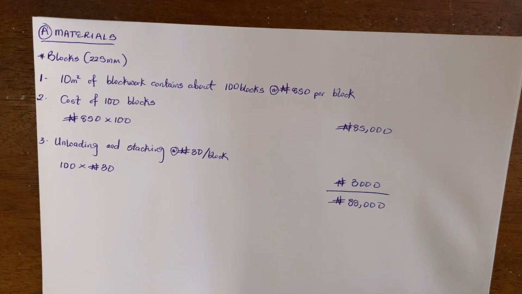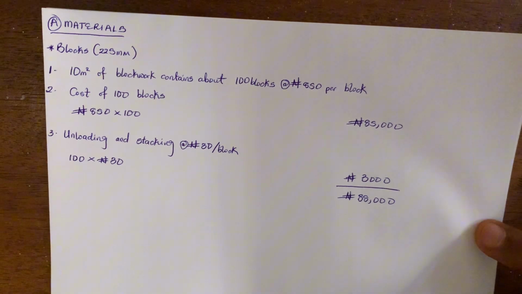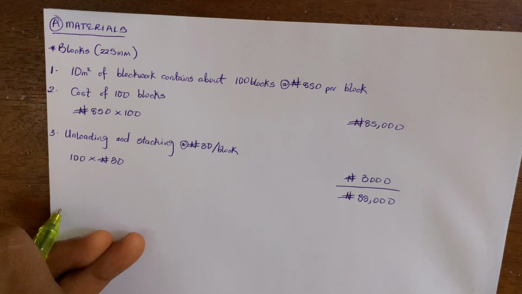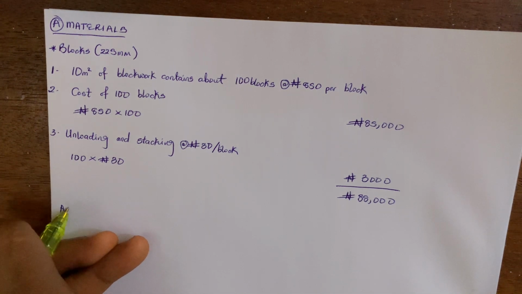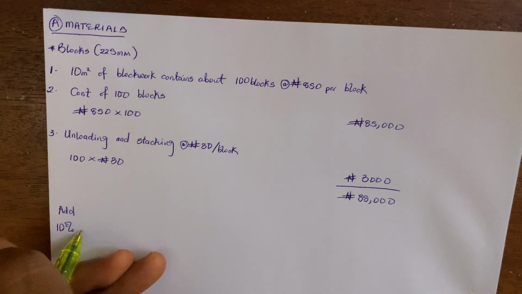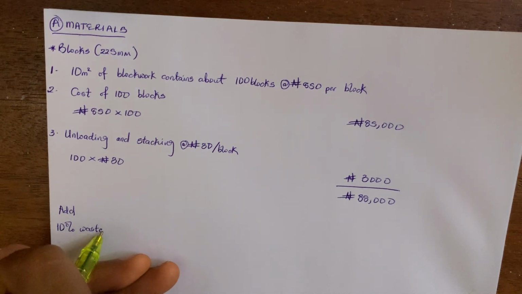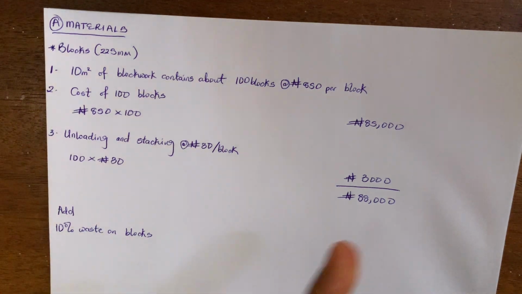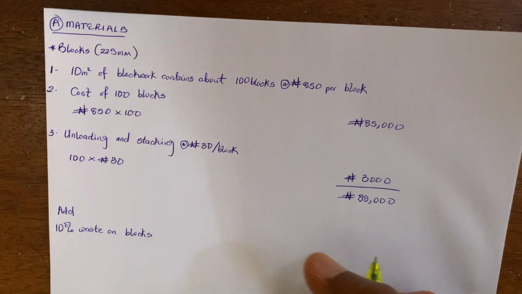So after doing this, we will now add our 10% waste on blocks, just in case the blocks break. So 10% of 88,000 naira is going to be 8,800 naira.